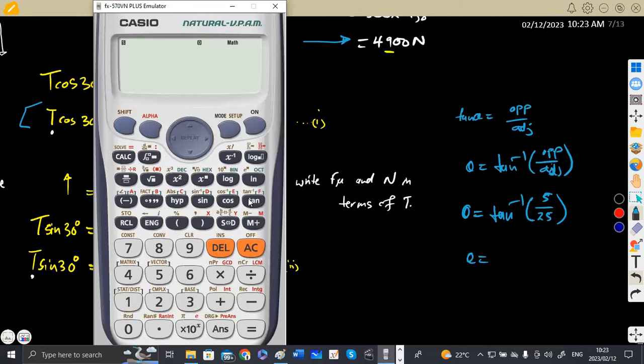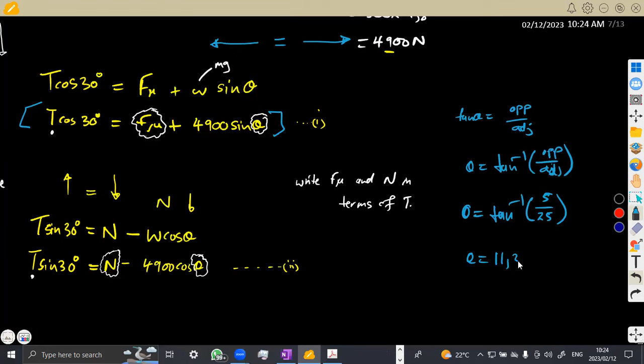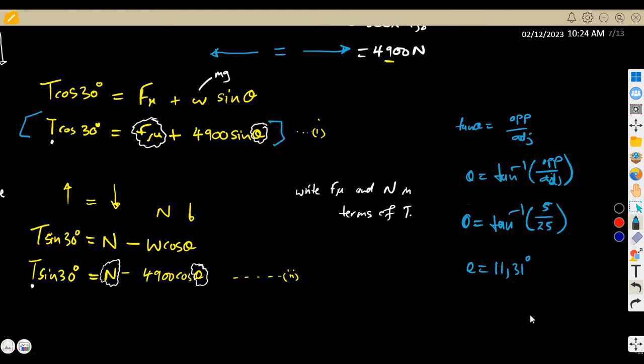So this is shift tan, 5 over 25, like this, which is going to give us 11.31 degrees. All right, so we have the value of theta in this case, which is 11.31. Which means we can even substitute here our theta.